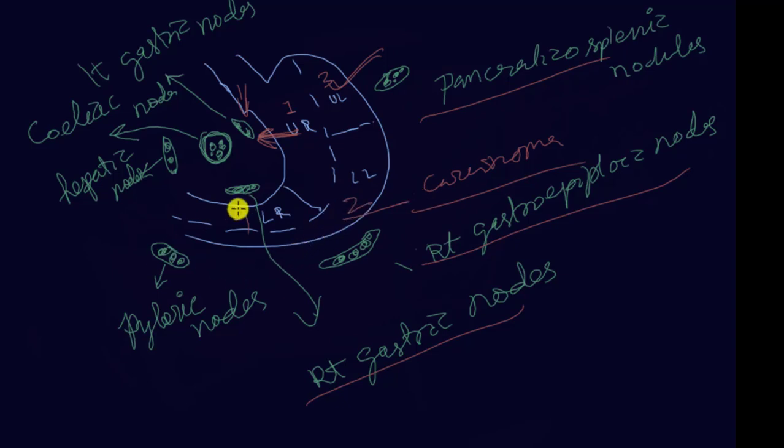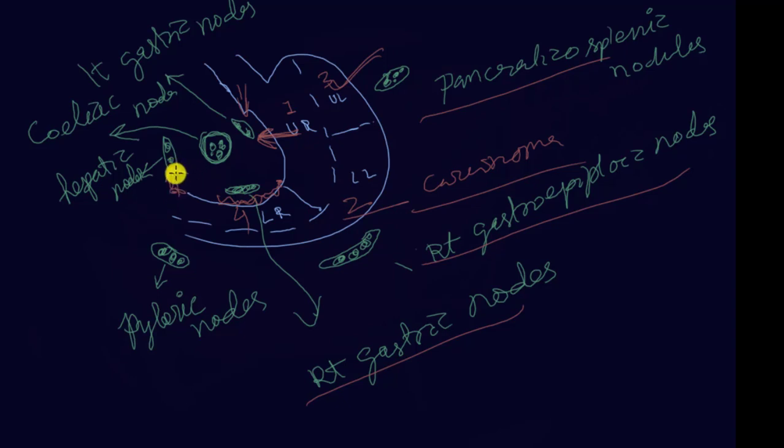Then area number 4 includes your upper part of the pyloric canal and the pyloric antrum, mainly associated with your lesser curvature. All of these drain into the right gastric nodes along the right gastric artery, and some part of the pyloric part also drains to the hepatic nodes.